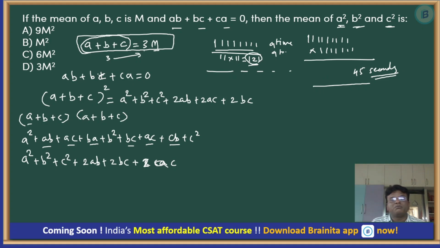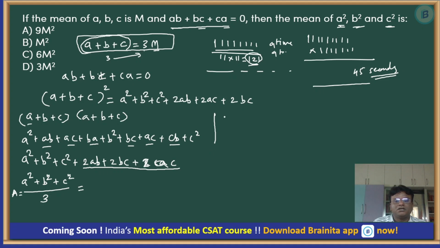Now coming back to the problem, we have to find the mean of A square plus B square plus C square. That means we have to find the value of A square plus B square plus C square divided by 3. This is the average. We have been told that AB plus BC plus CA is equal to 0, so 2AB plus 2BC plus 2AC is also equal to 0.